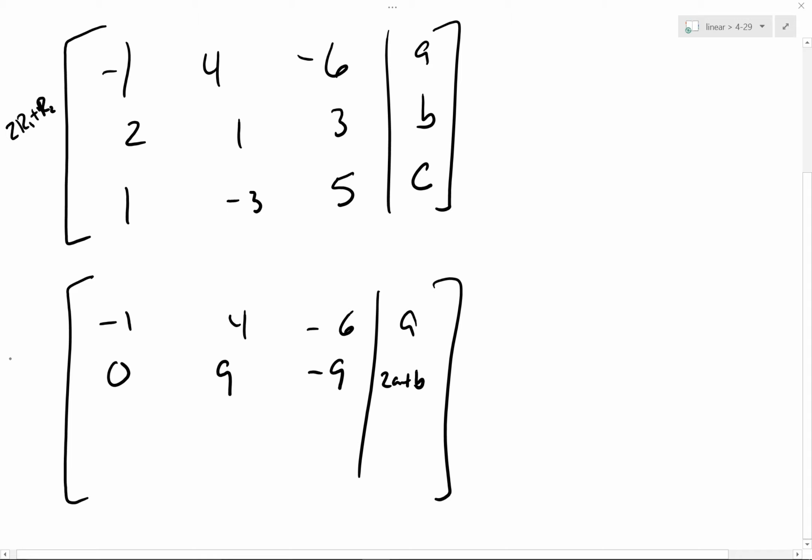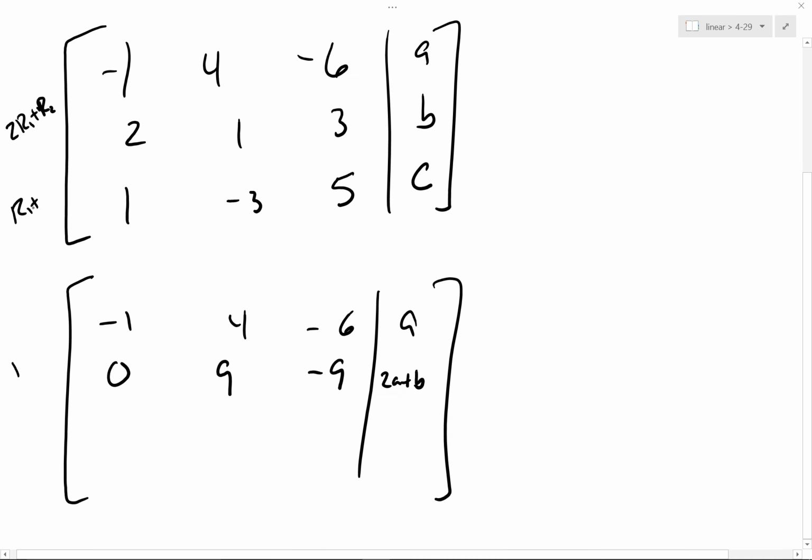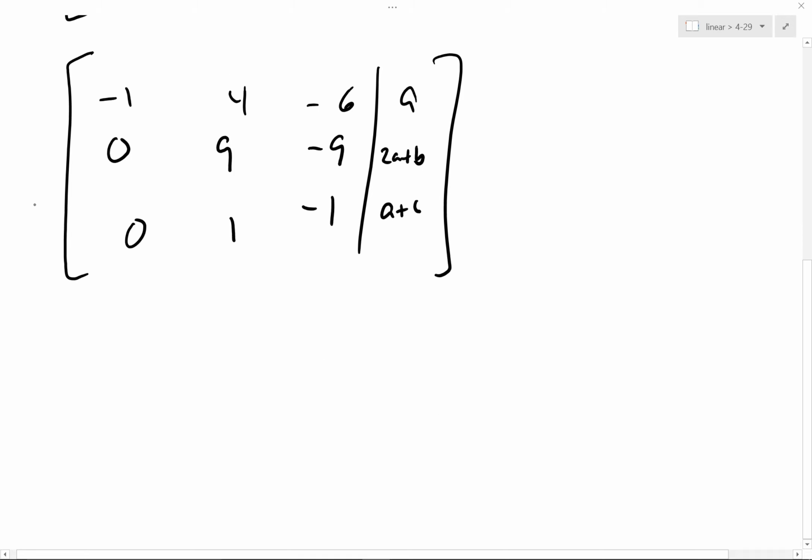Now let's just do R1 plus R3, and that will give me 0, 1, negative 1, a plus c. Oh dear. So if I just did R2 minus 9 R3, look what would happen.